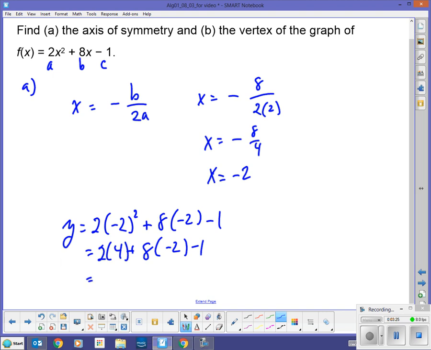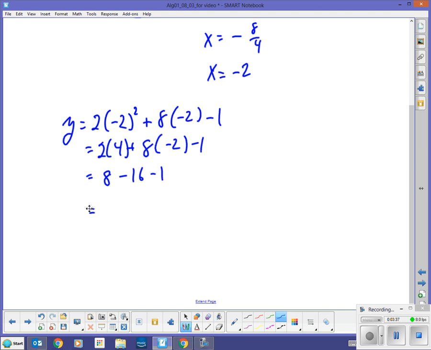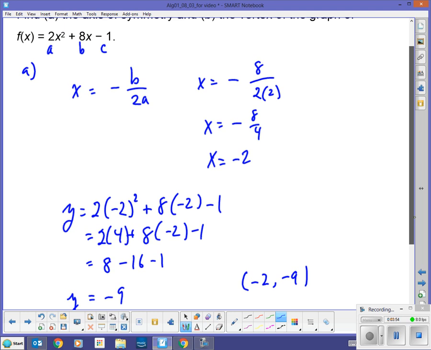And so 2 times 4 is 8. And 8 times negative 2 is negative 16, minus 1. That simplifies to 8 minus 16, which is negative 8, minus 1 is negative 9. So y equals negative 9. So my vertex would be negative 2, negative 9. Okay, that's my vertex.